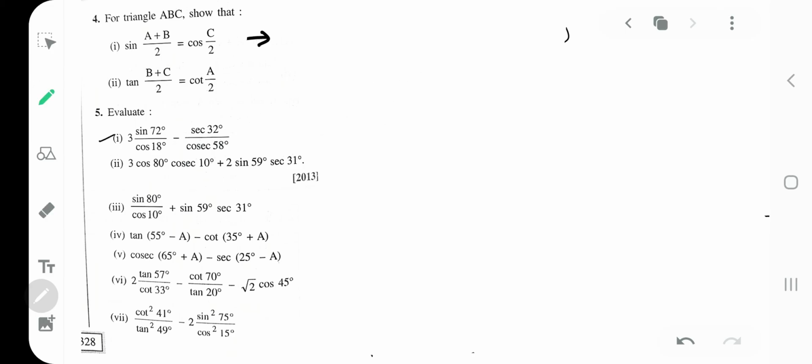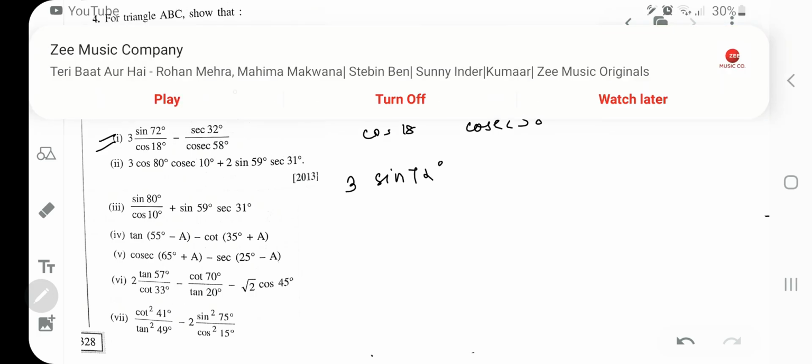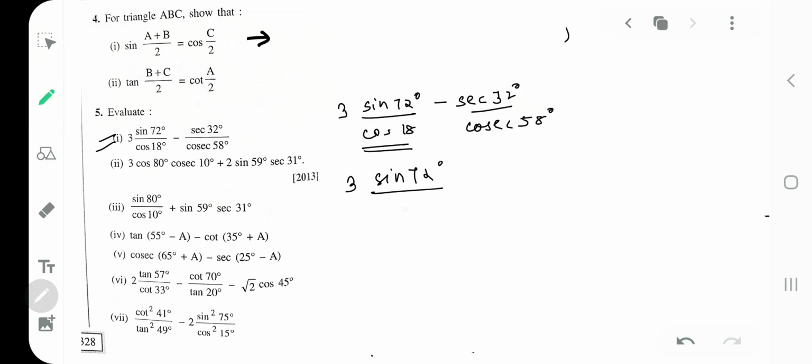I'll come to fifth ka first one. Let's see what it says. We have to evaluate. To evaluate means to find the value. 3 sine 72 degree upon cos 18 minus sec 32 degree upon cosec 58 degree. Now for 3 sine 72, I'll keep it sine 72. For cos 18, I will write sine 72 because cos theta is equal to sine 90 minus theta.